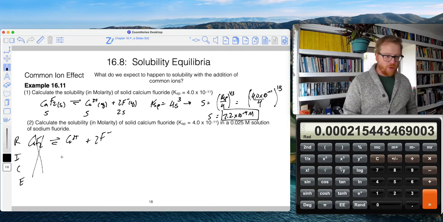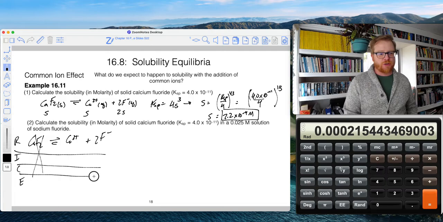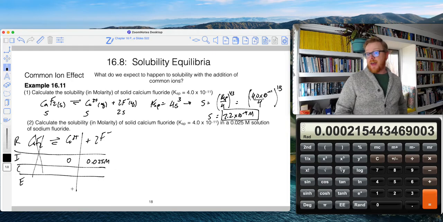And now, of course, we recognize that our initial fluoride concentration, we were given a value for it. Let's see, where is it? 0.025 molar. And just like we normally do in our calculations, we'll assume that that's 0.